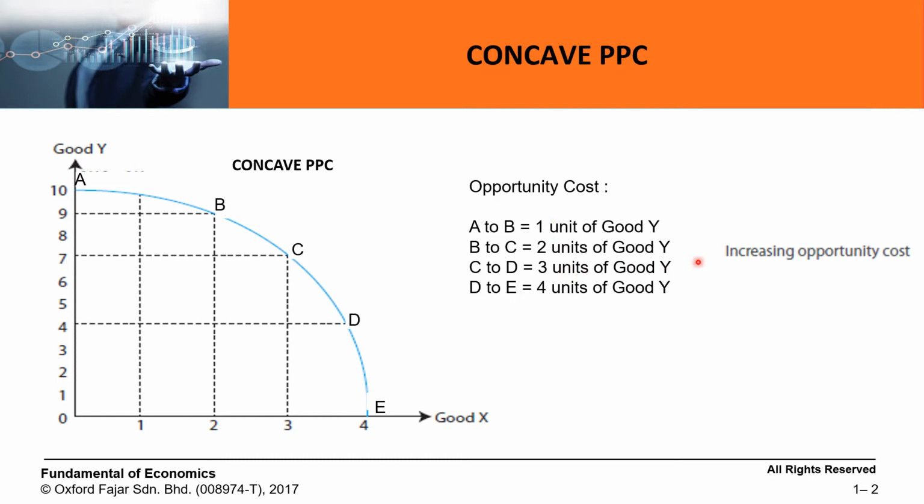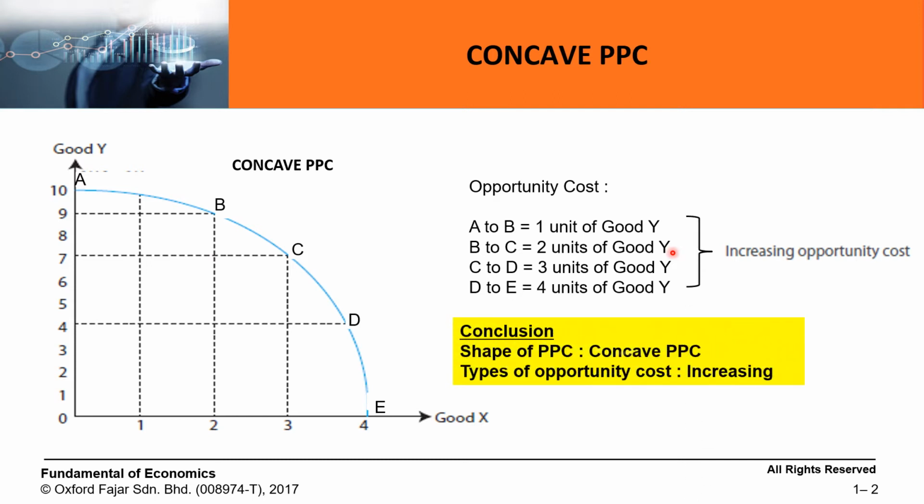Okay. So, daripada sini, apa yang kita boleh simpulkan adalah when our PPC is concave, the types of opportunity cost will be increasing. Maksudnya, okay, kalau kita lukis graf, dapat concave PPC, so quantity output yang kita terpaksa sacrifice akan semakin meningkat.